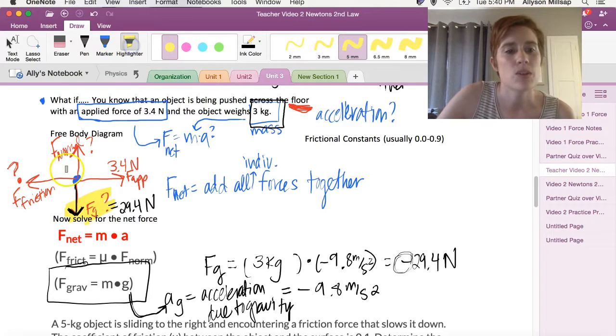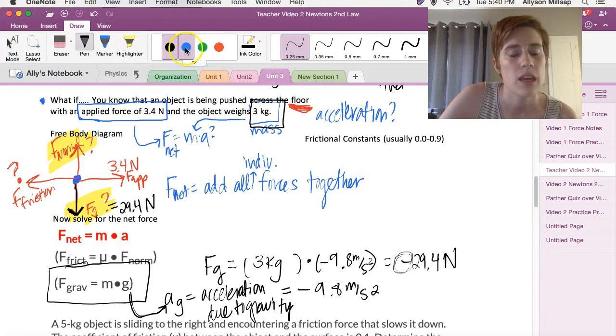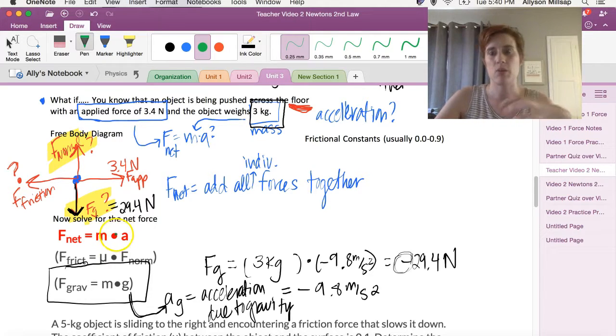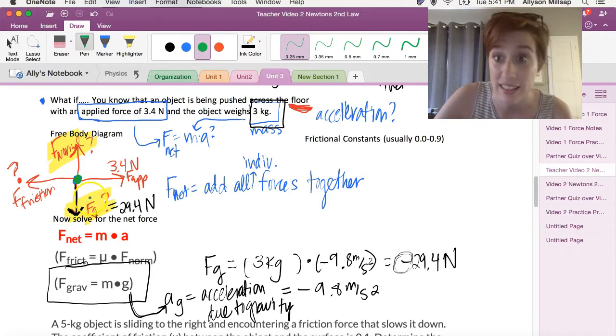So my next question now is, how do I find the normal force? Well, if you remember what we talked about today in class, gravity pulls on objects downward. If an object is sitting on a floor or a table, but it's not falling through the floor or the table, what does that mean? Well, if an object is not accelerating downward, that means the normal force and the gravitational force are, you guessed it, balanced.